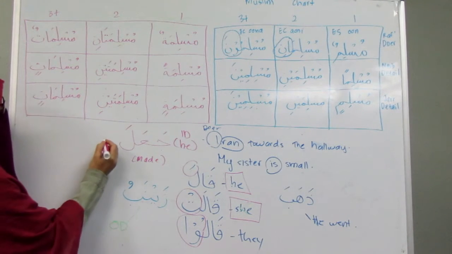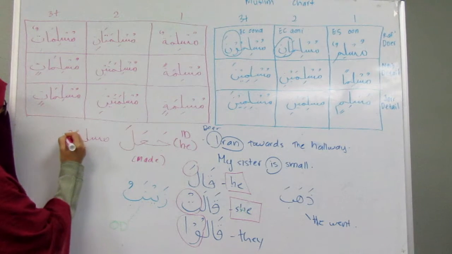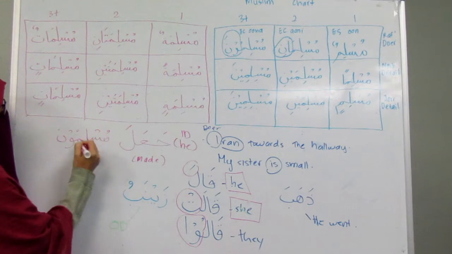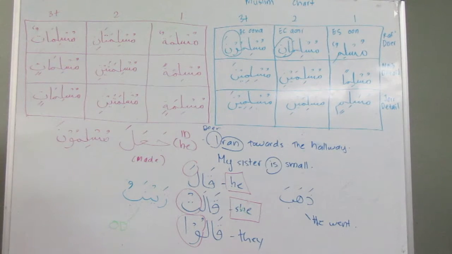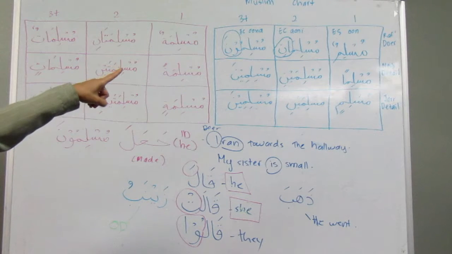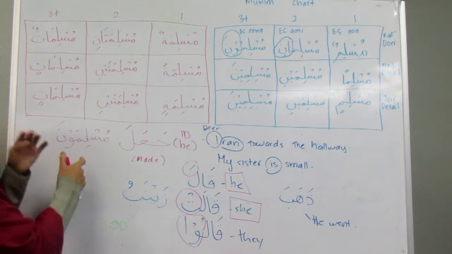So if I were to say Muslimuna, how would you translate the word Muslimuna? Muslims. It's many Muslims, right? Because you see Muslimun, one Muslim. Many Muslims made. So did you notice that this is many Muslims?